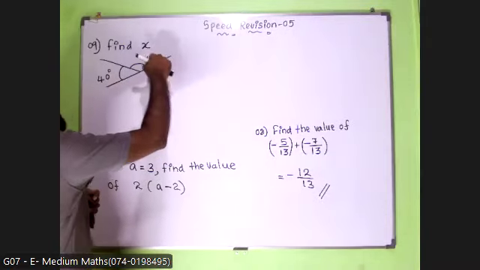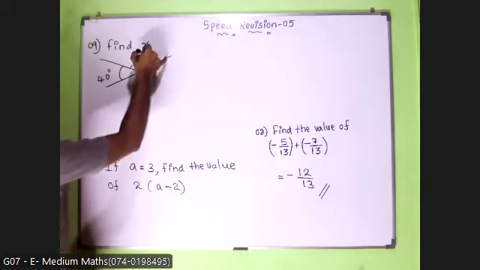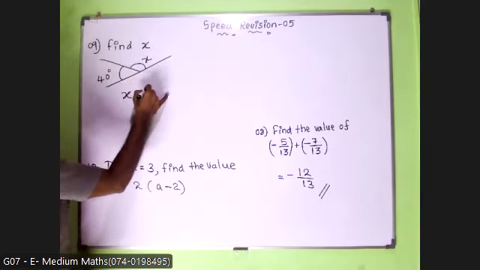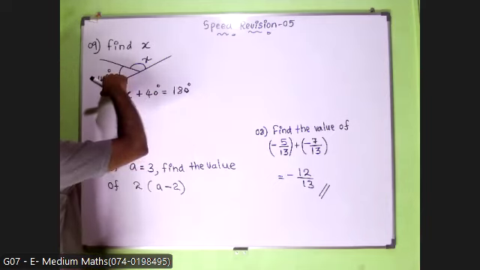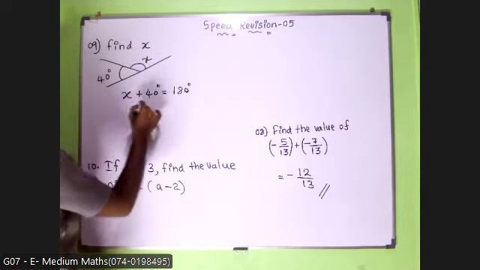This is a straight line and these two angles are on the straight line. So you can write x plus 40 degrees equals 180 degrees. That means the summation of the angles on the straight line equals 180 degrees.